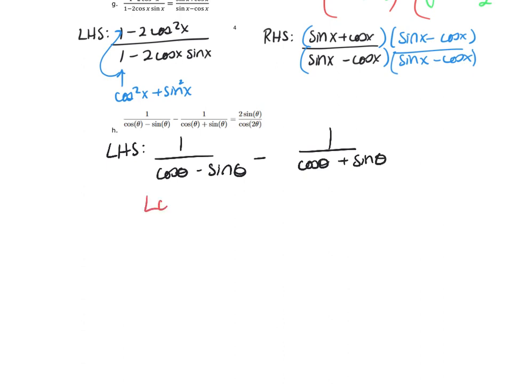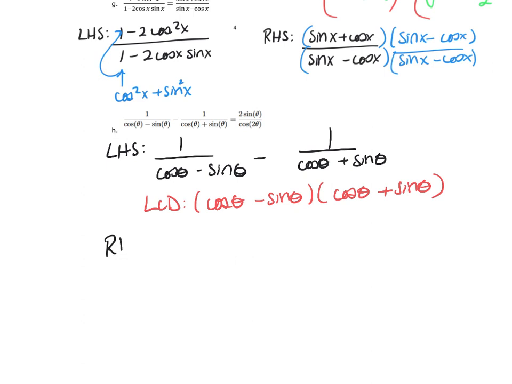Then my lowest common denominator to be able to add these two fractions is going to be the cosine theta minus the sine theta multiplied by the cosine theta plus the sine theta. Now remember, we are not clearing fractions. All we're doing is making common denominators, so don't clear your fractions. That's my hint to you if you're going to do the left-hand side.